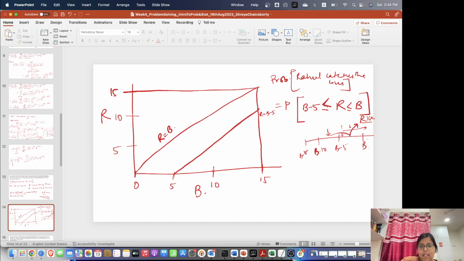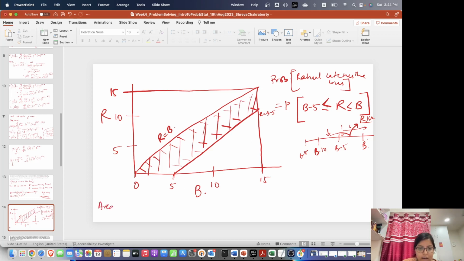So when B is 5, R is 0. Now R has to be greater than or equal to B minus 5, so R will lie in this region, and R less than or equal to B means this region. So we have to find this shaded area divided by the total area. That will be our required probability.